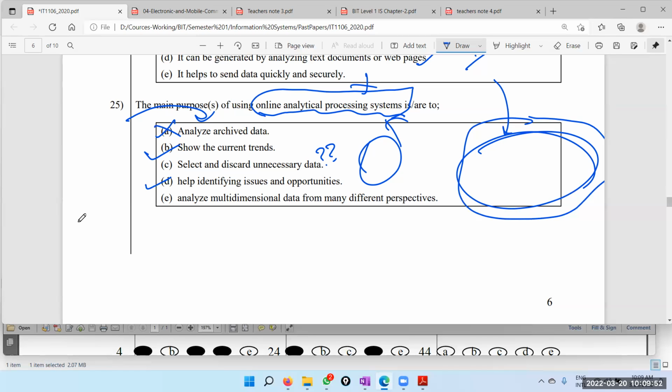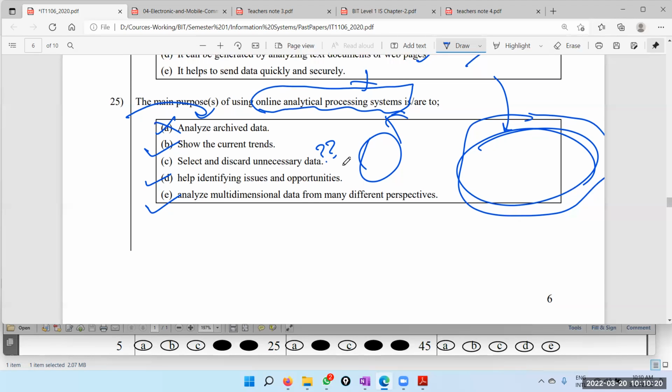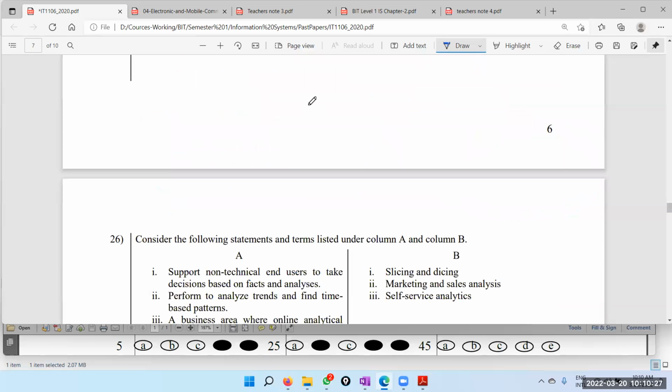We look at the data in different ways, by products, by time, by centers. That is applicable for both data mining and online analytical processing. I will go for B, D, and E. C is debatable. The examiner also has not taken C because it's not a major purpose. This is happening while we are doing it, but it's a minor task.